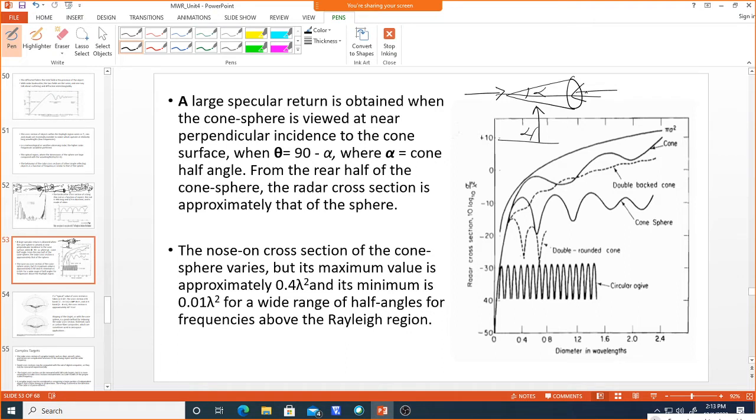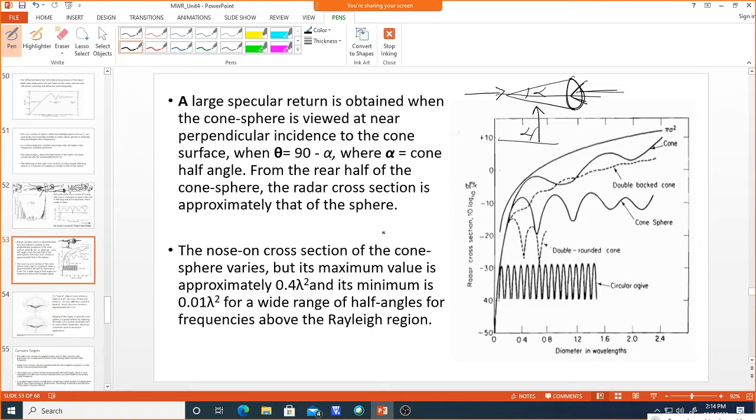If you incident the signal at the back footprint, it will look like a sphere only. If you incident at any other position, then according to that incident angle and the area intercepted by this cone, the radar cross section will be measured.